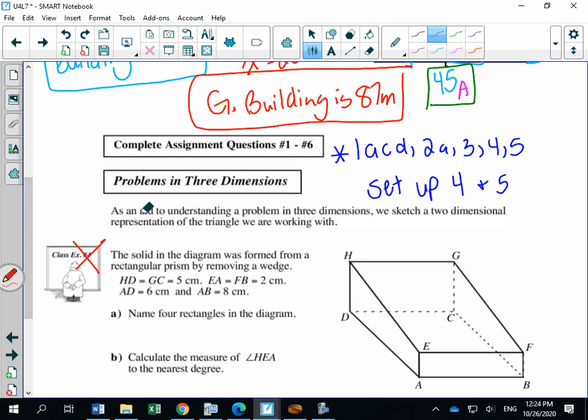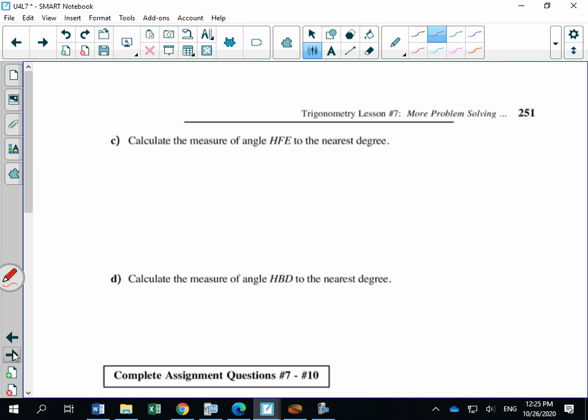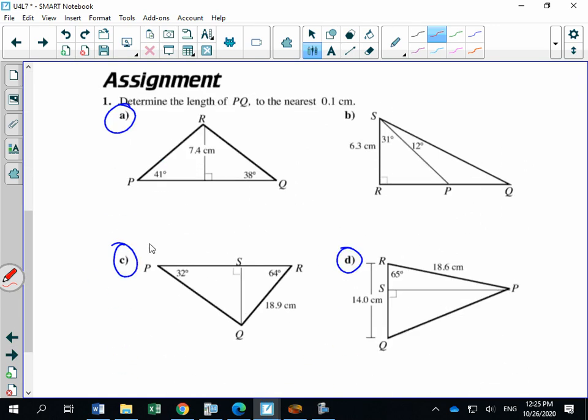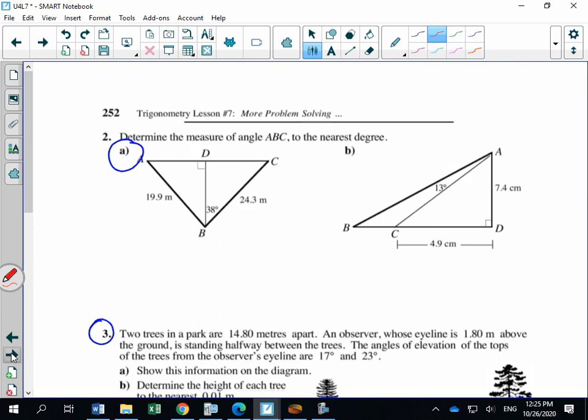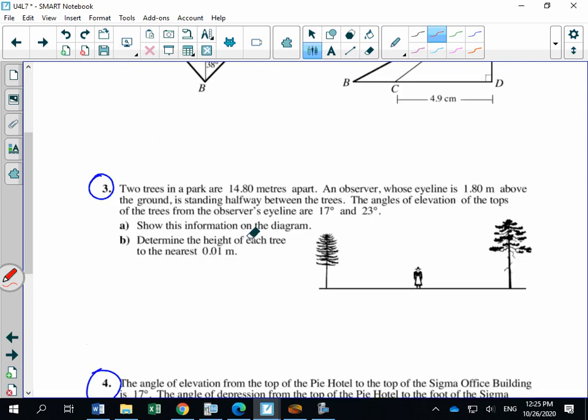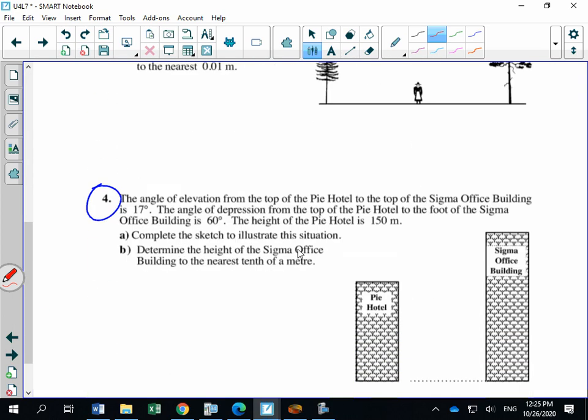Sorry, and you know what? Number 5, you don't need to do. So we're going to do just up to number 4. So we'll set up number 4 together, which is the two buildings questions. Okay, so 1 ACD are your triangles, 2A. Number 3 maybe we'll set up after together, and then number 4.